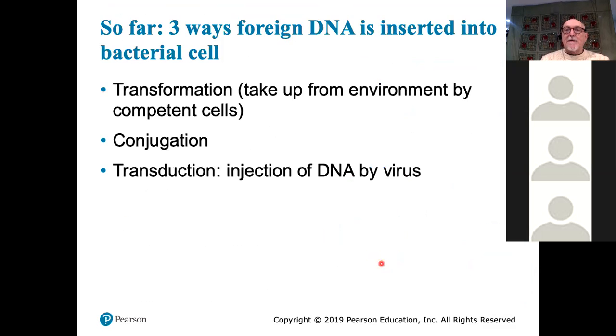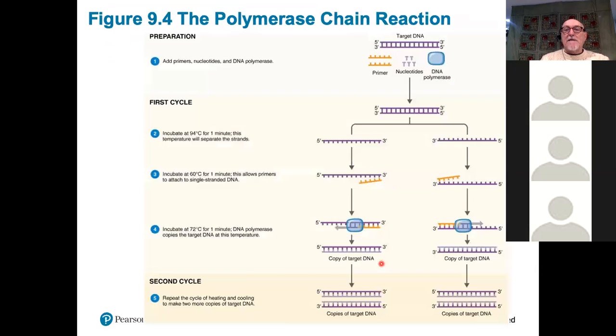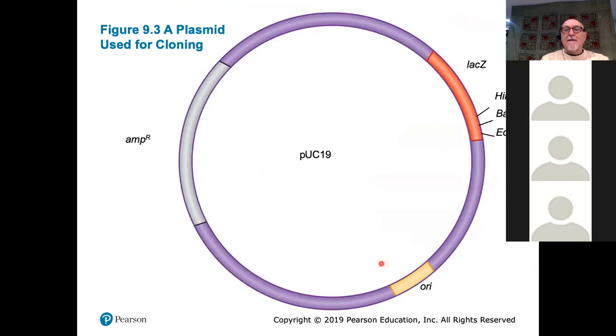But when I do that, in the case of pUC19, I'm doing that insertion here, into the LAC-Z gene. So if I've been successful, and I've successfully put my gene of interest in here somewhere, I will disrupt the LAC-Z gene.